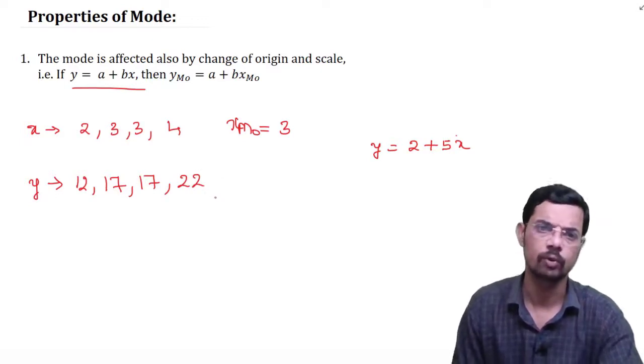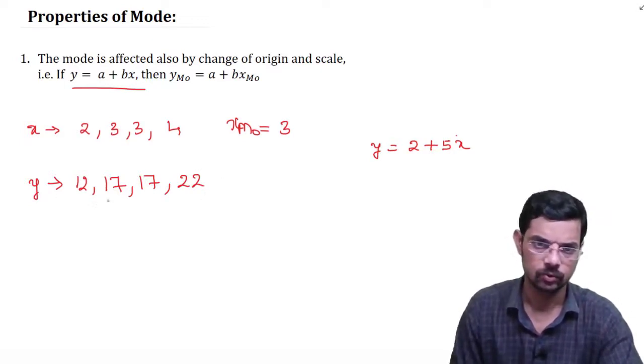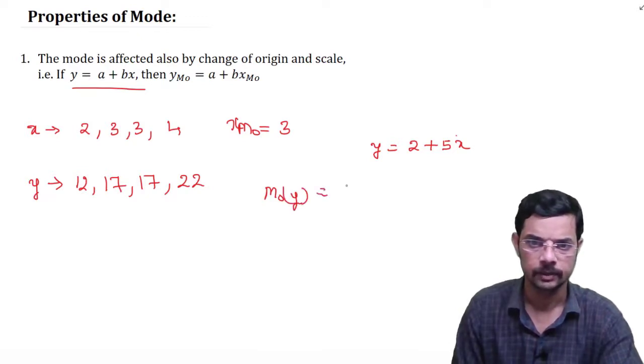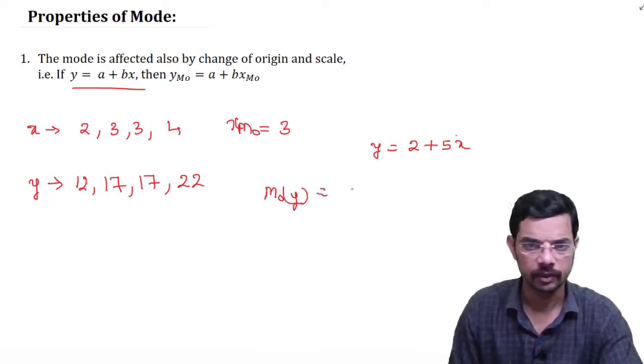Now what is the mode of y? That is also related in the same way. The mode of y will be defined as 2 plus 5 into mode of x. Clearly we know that it is 17.